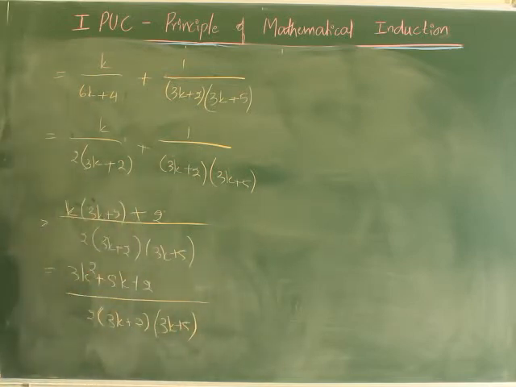So I kept it as it is, but 3k square plus 5k plus 2, I can factorize. How can I factorize?